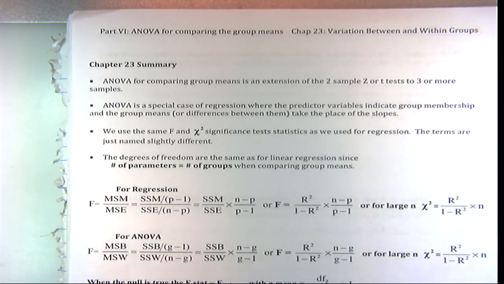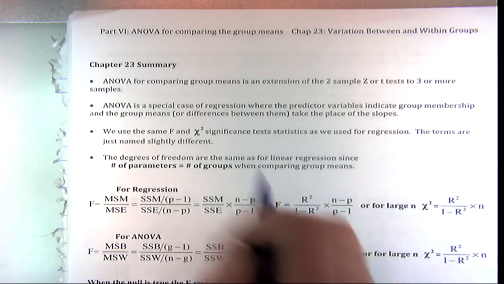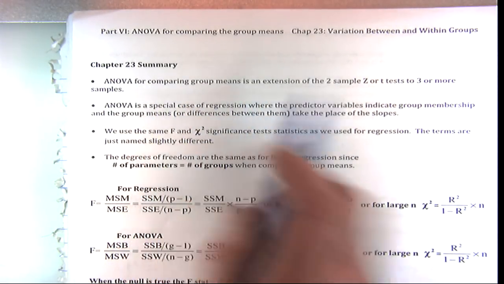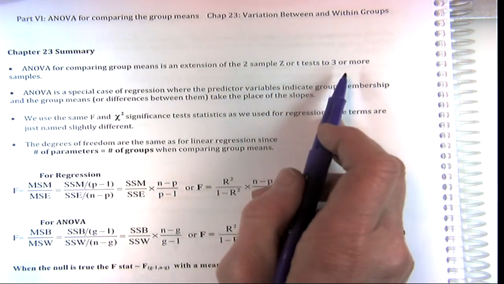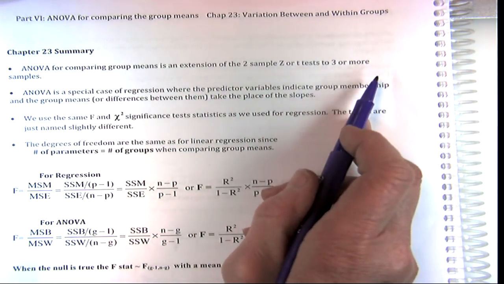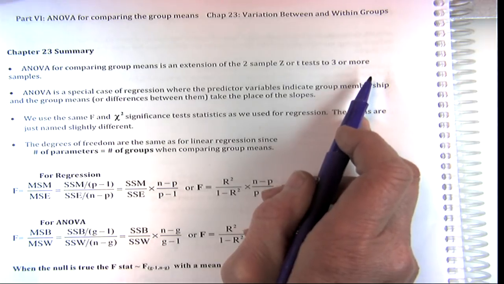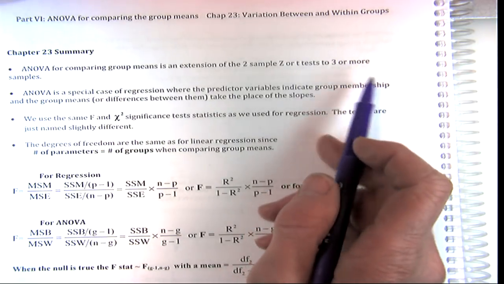What does it say here? It says that ANOVA for comparing group means is just an extension of the two-sample Z or t-test for 3 or more samples. Okay? We're just extending it.